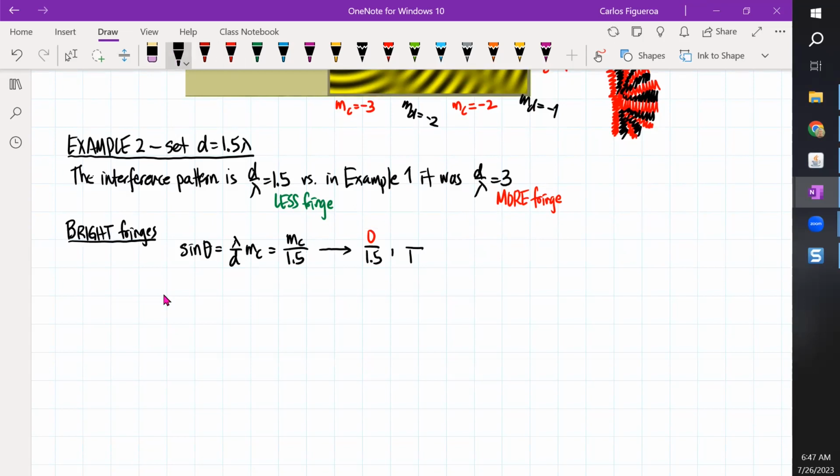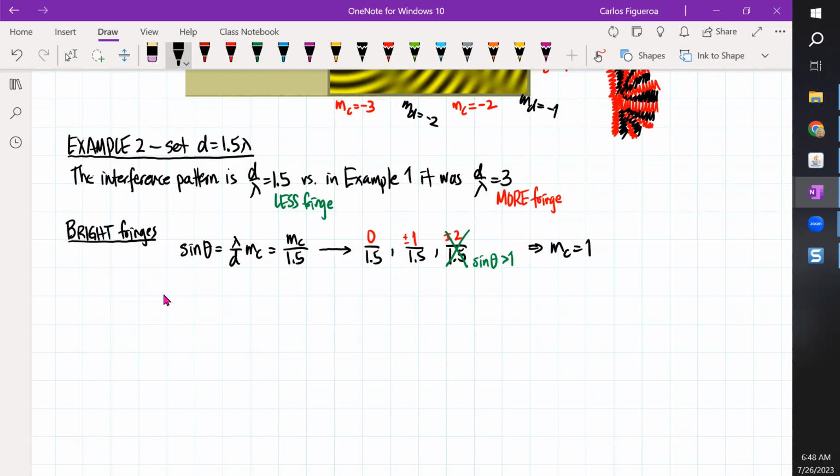Then I'm going to get 1.5, 1. Remember, plus or minus 1. Then I'm going to get 1.5 over the sequence of plus 1, 2. And right away, you can see here that this now violates sine of theta greater than 1. So this tells me here that my MC value has a maximum value of 1.